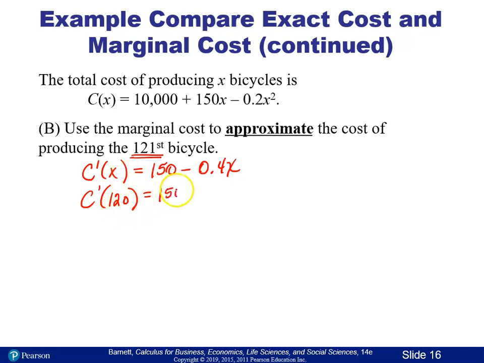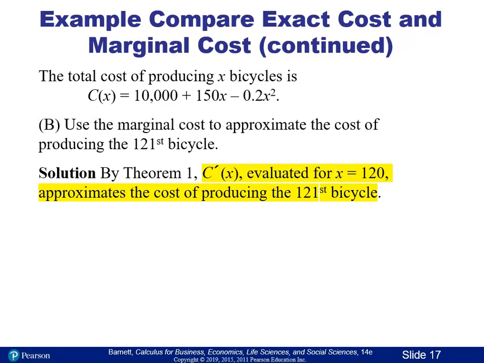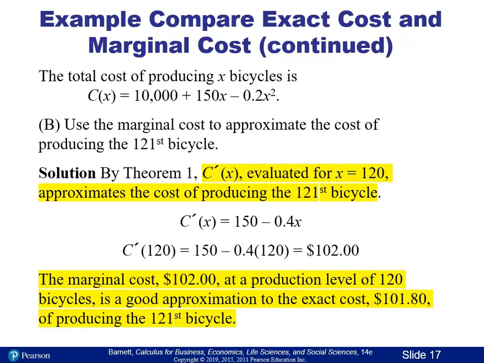So we're going to do 150 minus 0.4 times 120, and when you put that in, you're going to see that that's $102. Okay, so our estimate is $102, and the exact was $101.80. So again, it's a good approximation.